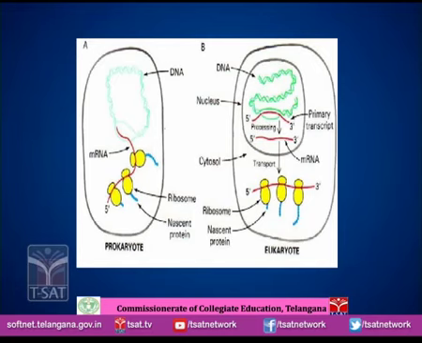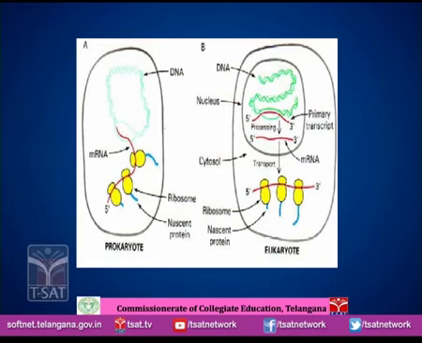But if you see cartoon B, there is a special kind of structure where DNA is present, which we call the nucleus. In this nucleus, through transcription, the RNA is started, so mRNA has been synthesized, which we indicate with a red line. After the mRNA has been synthesized, it goes for modification in the nucleus itself.